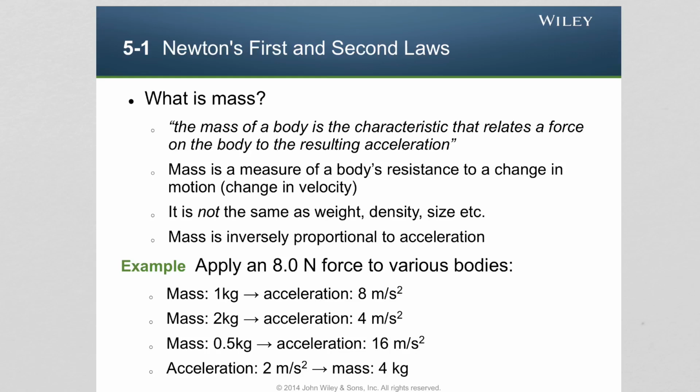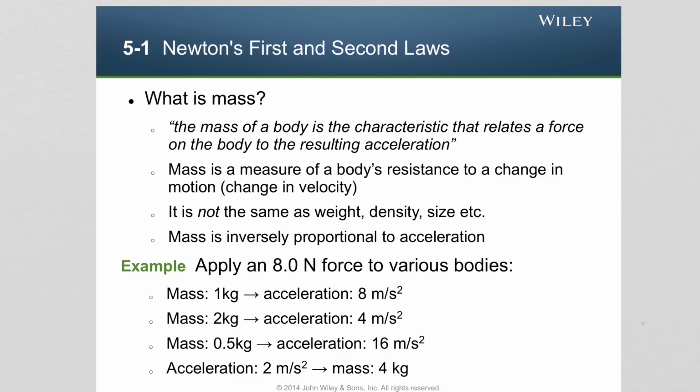Mass is not the same as weight. This is a common misconception, specifically in the United States, because of the measurement system that's commonly used here, for which when we are talking about an object and we want to discuss the effects of gravity on it, we talk about the weight of the object.